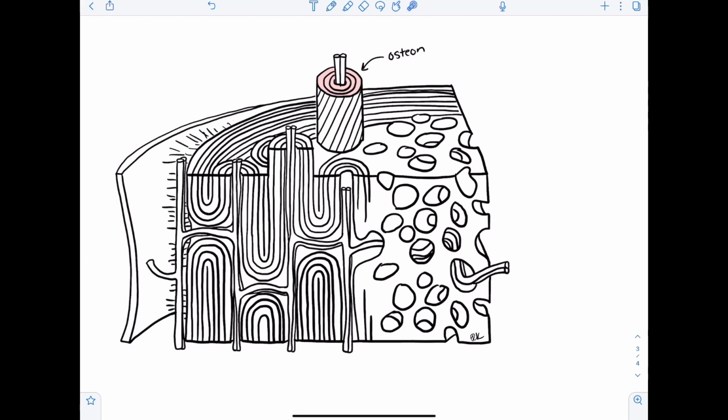Now I have multiple of them. Here's one, here's two, here's three, here's four, right? So this is my osteon, and we see in the middle the central canal, or the Haversian canal you can think of, is our blood supply, right? So these are our blood vessels.